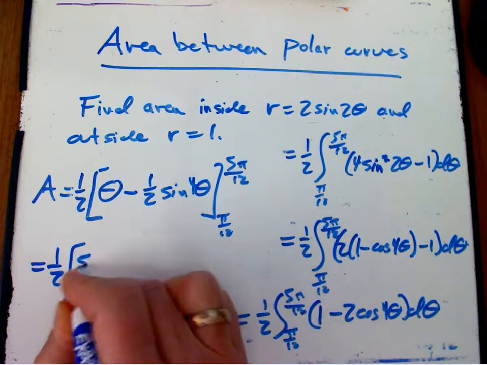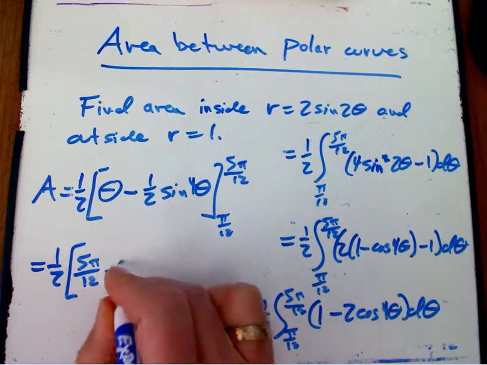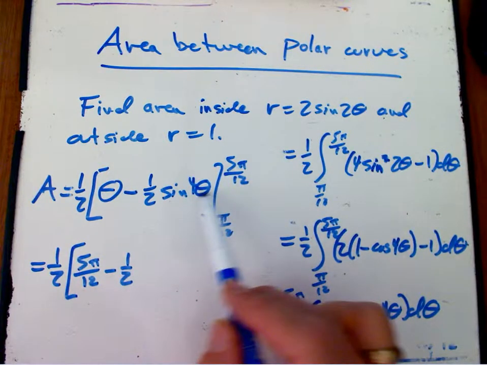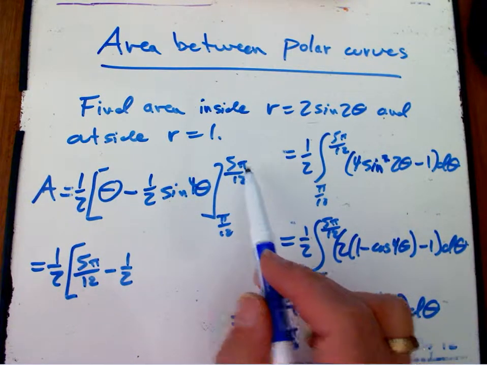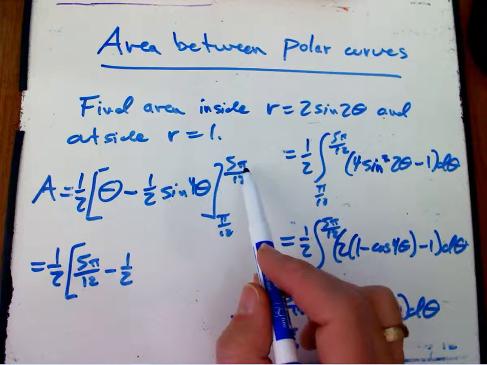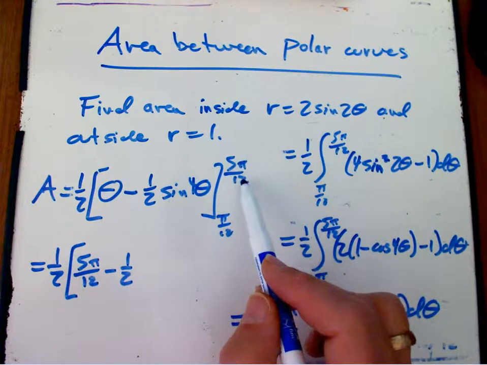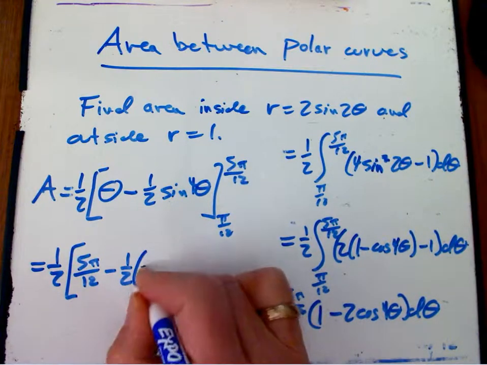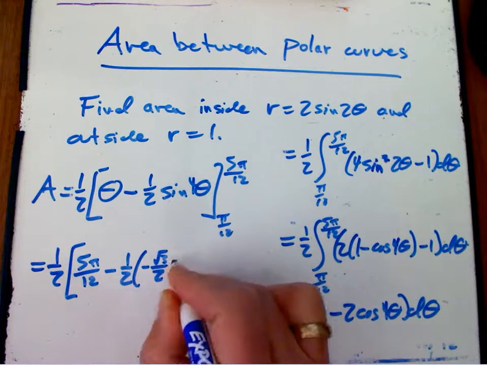Okay, so up at the top, it's going to be 5 pi over 12 minus 1/2. So this is a nice thing. The 4 is actually going to make this into a fairly standard kind of value, so we don't have to go to a calculator or anything. So 5 pi over 3, and sine of 5 pi over 3 is a minus root 3 over 2.